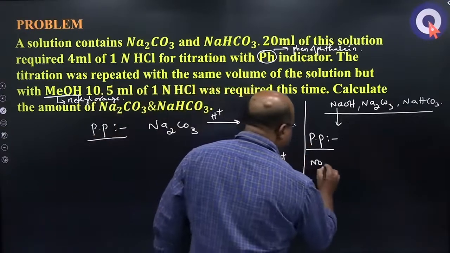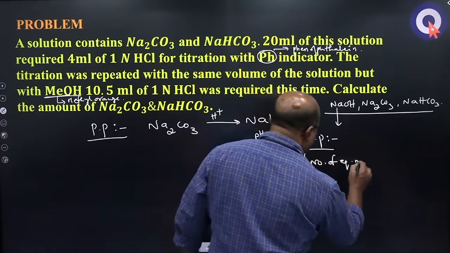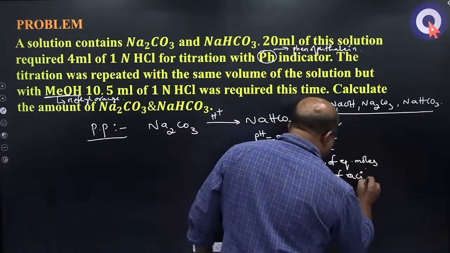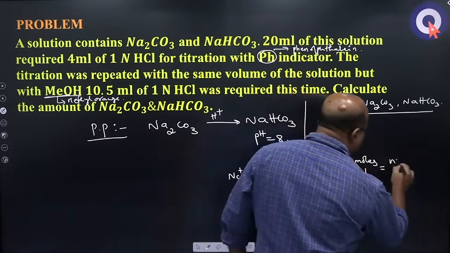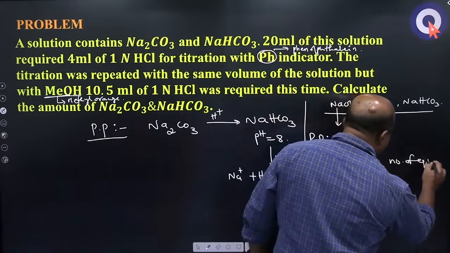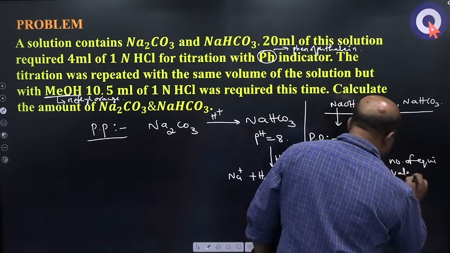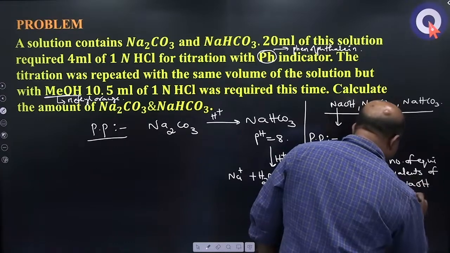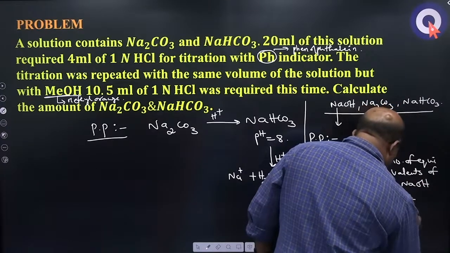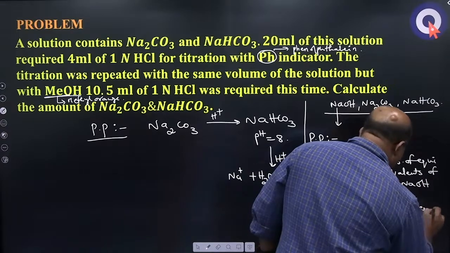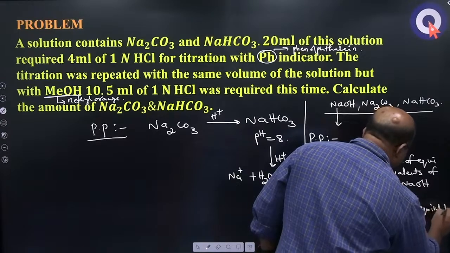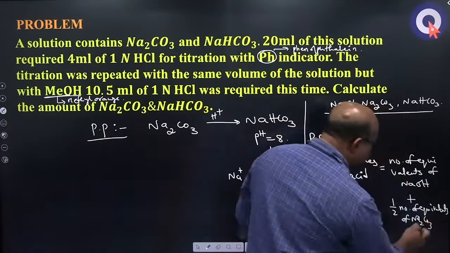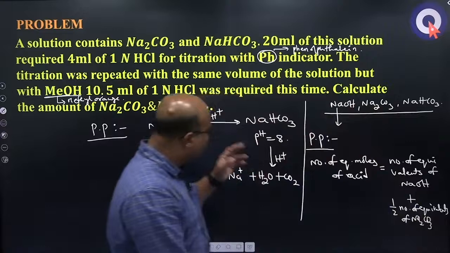So the number of equivalents of acid always should be equal to the number of equivalents of NaOH plus half of the number of equivalents of Na2CO3, because only half of the equivalents we consume, because it is 2 stages.